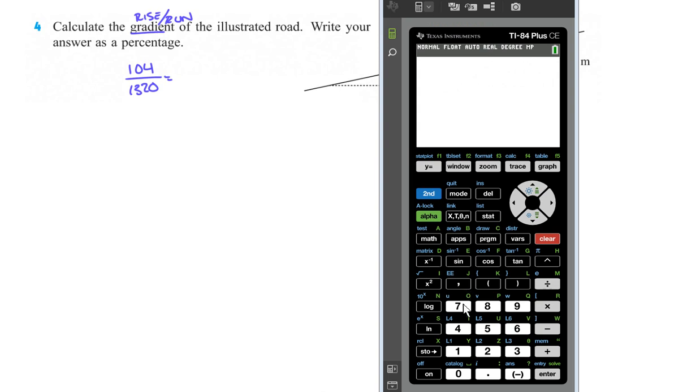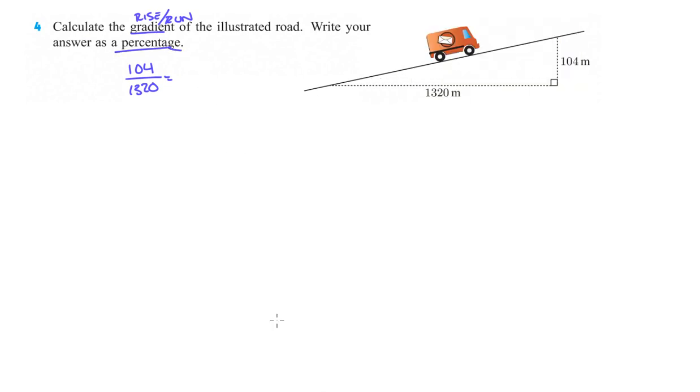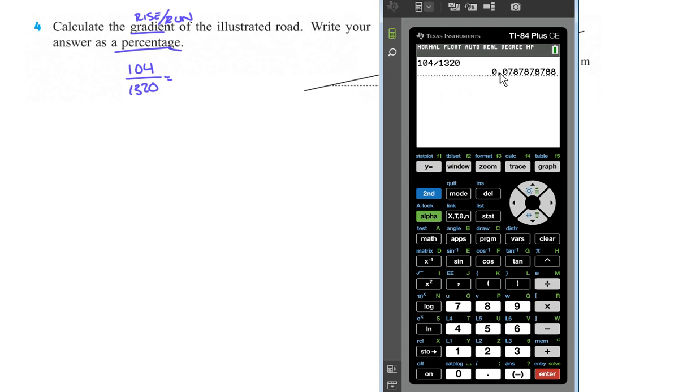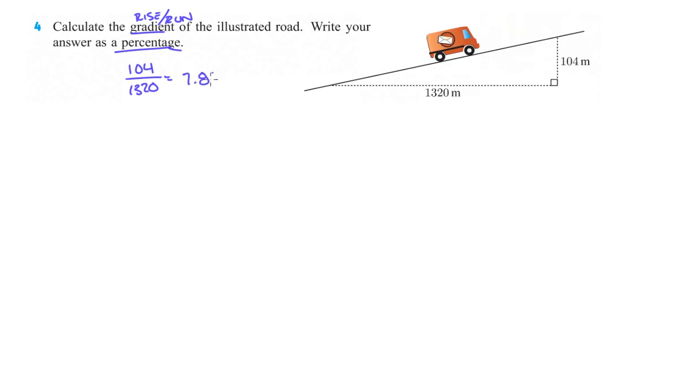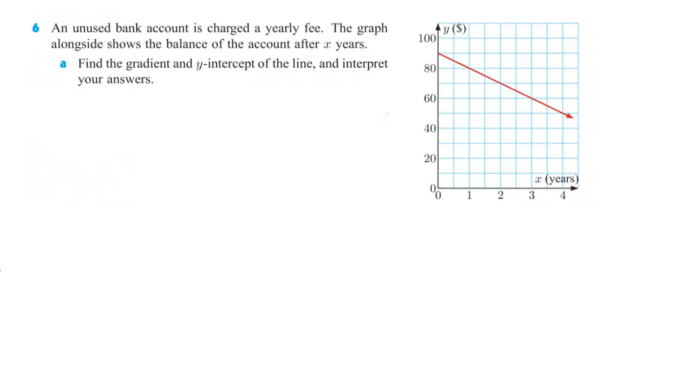So we can plug that into our graphing calculator: 104 divided by 1320. And that gives us 0.07878. And it does say to write your answer as a percentage. So as a percentage, move the decimal over twice, and that's 7.88%.